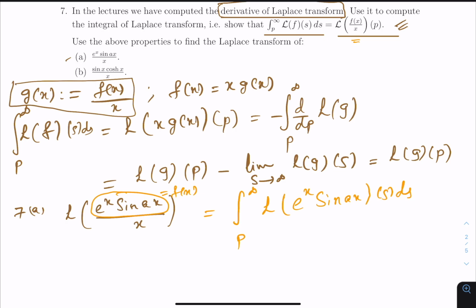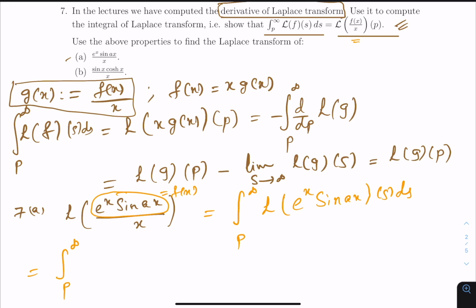Now what is the Laplace transform of e to the x sine ax? This is precisely the first shifting theorem. So this is equal to the integral from p to infinity. We know that the Laplace transform of sine ax is a over p squared plus a squared. Now we have multiplication by exponential of x, which means it's going to translate.